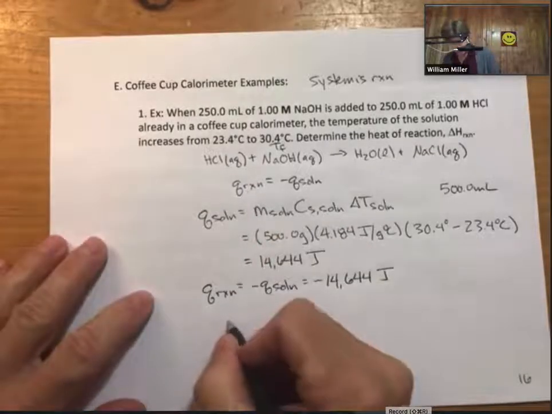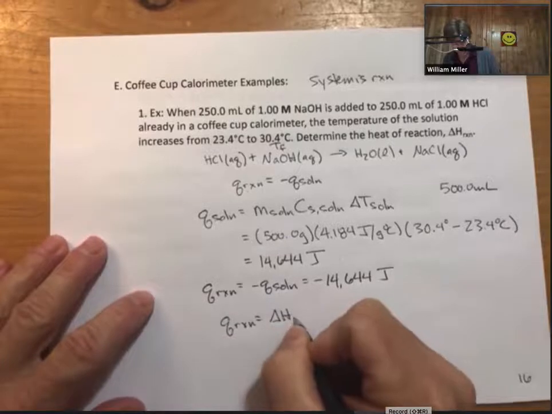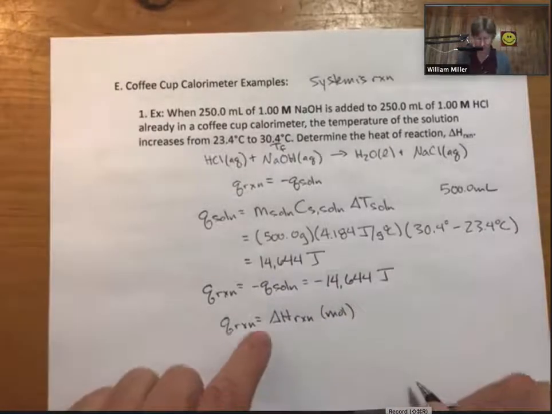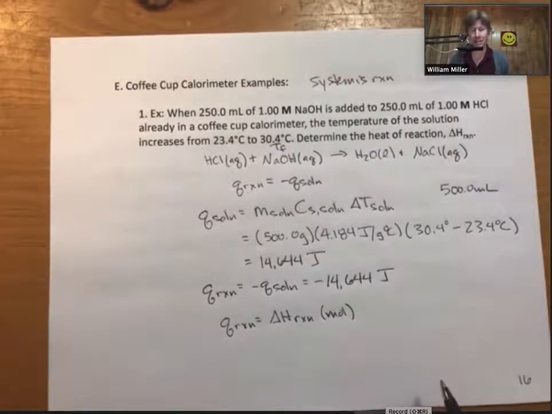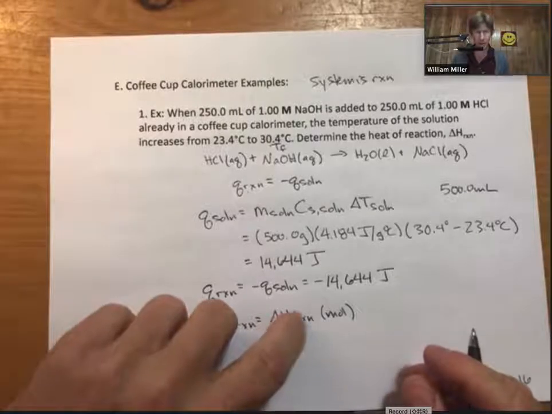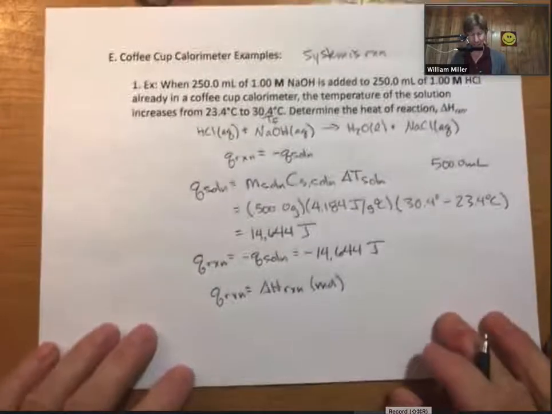Q reaction equals delta H reaction times moles reacted. We still have to find our moles, but we have our Q reaction. We're looking for our delta H reaction. So let's find our moles now.